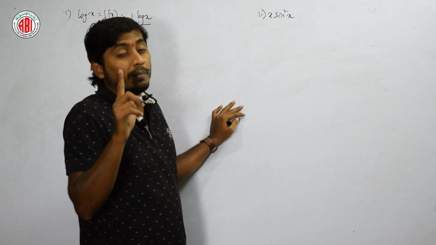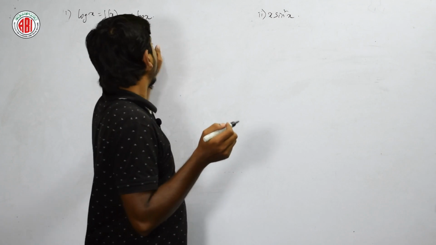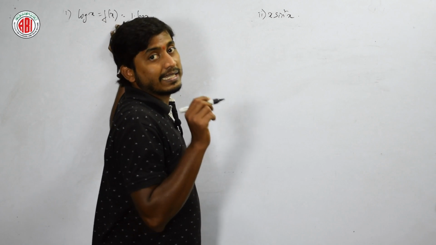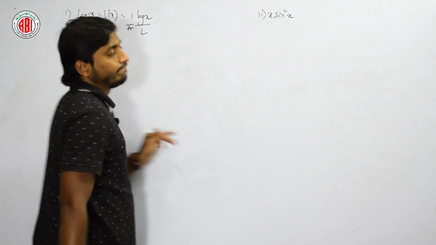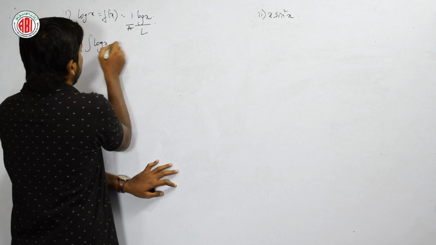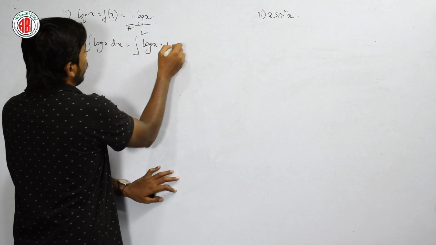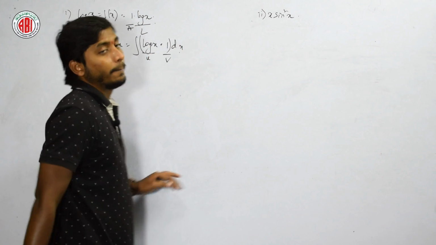Yes, you have to remember, we have to write the functions in the order of ILATE. So logarithm comes under L. What about 1? We always consider 1 as an algebraic term. So we will write integral log x dx as integral log x into 1 dx. This will be u and this will be v. Why?